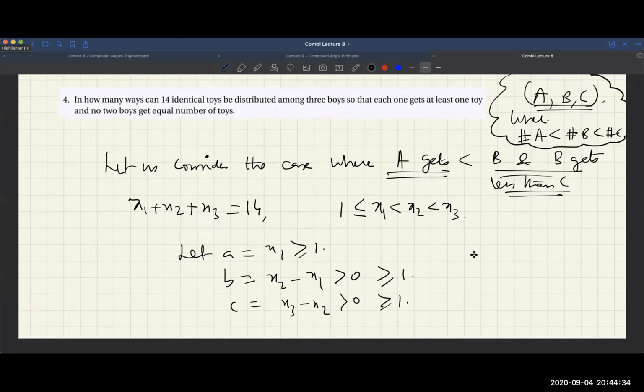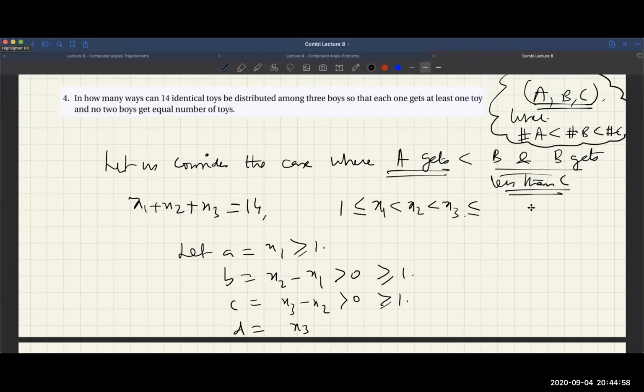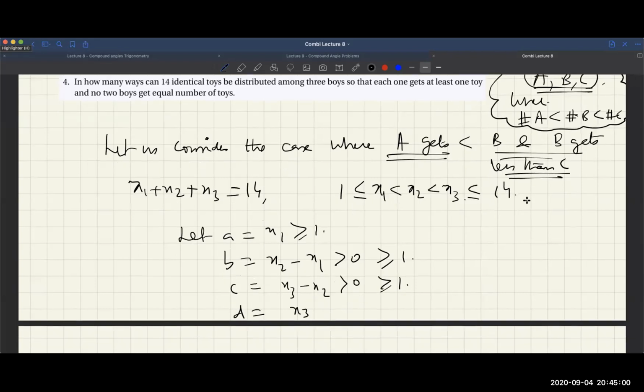So my problem becomes now, if I add this equation, I'll get A plus B plus C is equal to, wait a sec, I'll take D equal to x3. This is less than or equal to, how much is that? 14 toys, right? Yeah, so I'll get this.